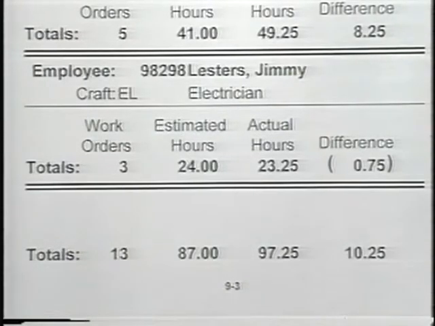The third element is where we estimated 24 hours, and we actually did all of the work for 3 work orders in 23 1/4 hours. So in this case, even though we have brackets around that 3/4 of an hour, that really means we took less time than what we had scheduled.